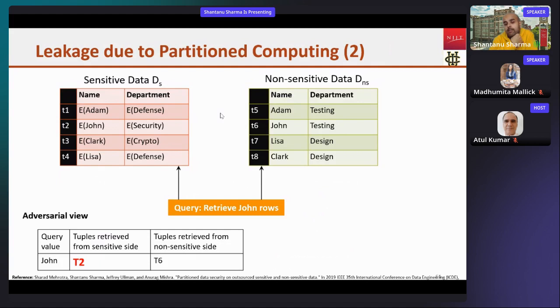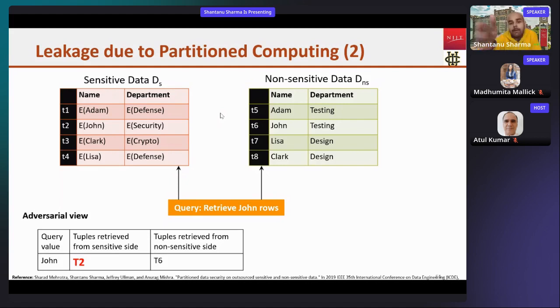Since the adversary can see the actual query because of the query execution over the non-sensitive part, he knows that the query is for John. Based on this, he will also know immediately that the T2 row of the sensitive data corresponds to John.